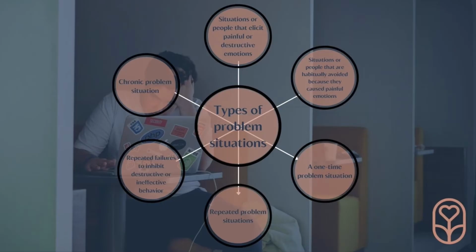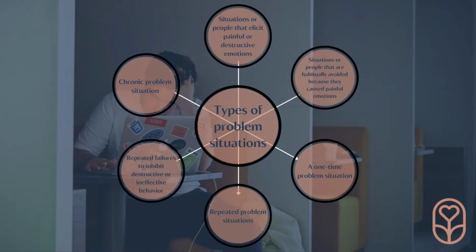Fourth, repeated problem situations call for problem solving when the problem situation occurs over and over, such as repeatedly getting misunderstood or misinterpreted, or not learning information necessary to pass your exams. Problem solving can break the cycle. Fifth, repeated failures to inhibit destructive or ineffective behavior call for problem solving.